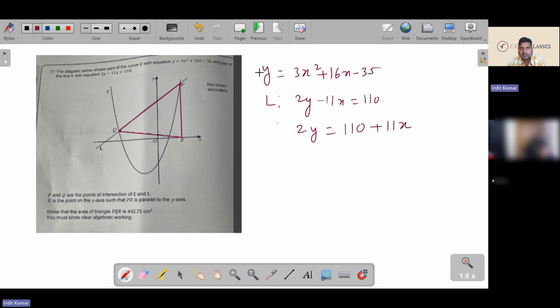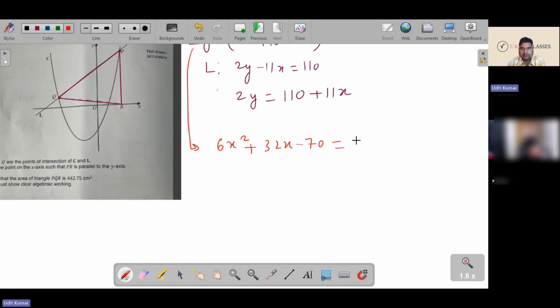Now multiply equation 1 with 2. So you will get 6x squared plus 32x minus 70, and that will be equal to 110 plus 11x. Now transpose everything to the left hand side.